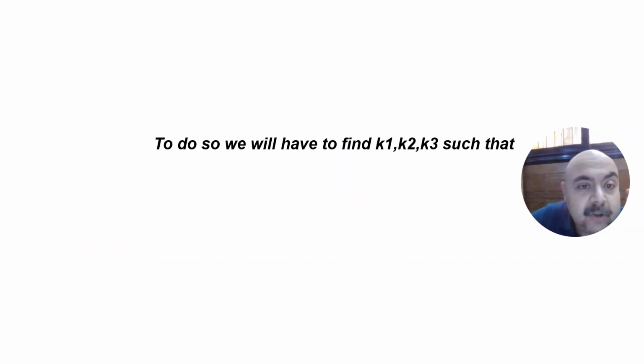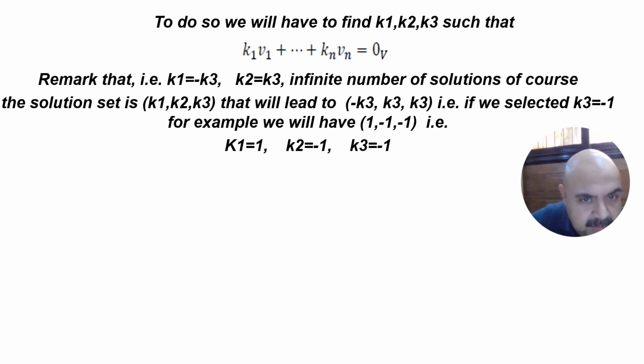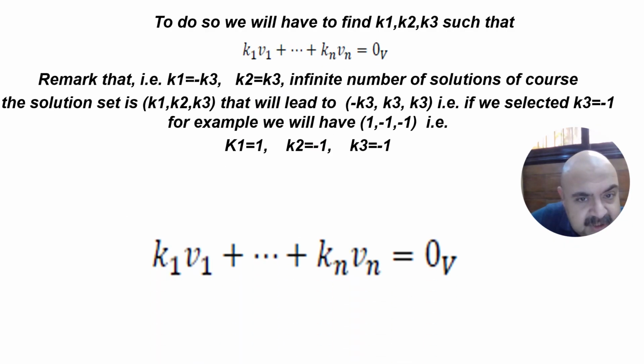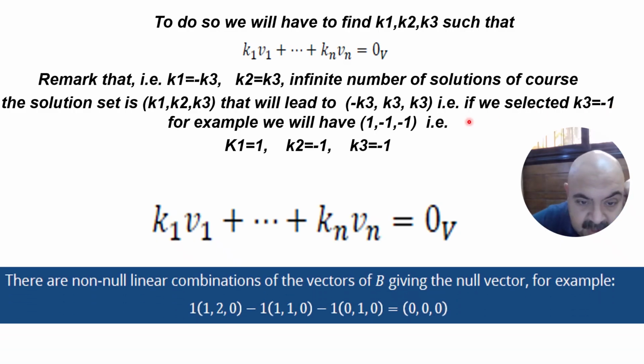Okay, do K1, K2, K3 once more, the last part. We already solved the system, as you saw, and we already have K1 is equal to 1, K2 is equal to -1, and K3 is equal to -1, under the assumption of K3 is equal to -1. This is the combination between vector v1, v2, and v3.